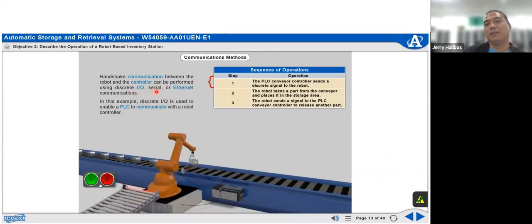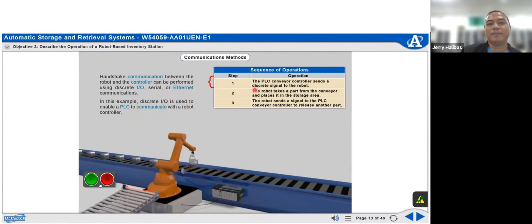For serial communications, it is not discrete, and it could be considered Ethernet communication using the TCP/IP protocol. In this example, there are steps.